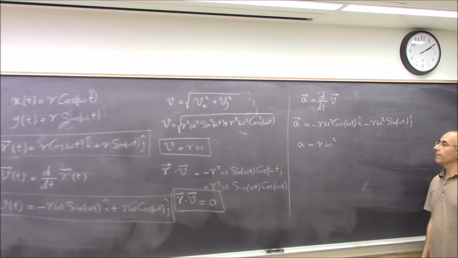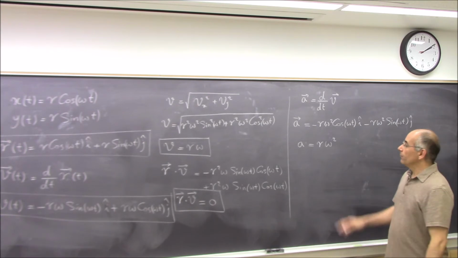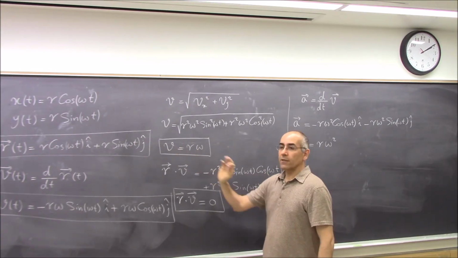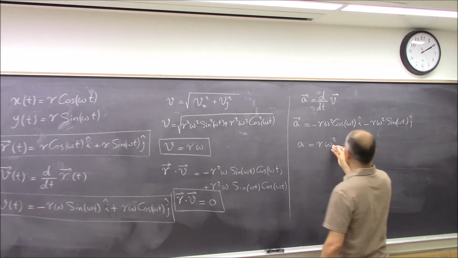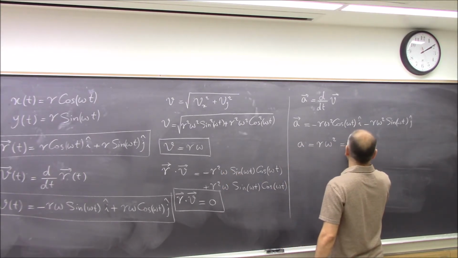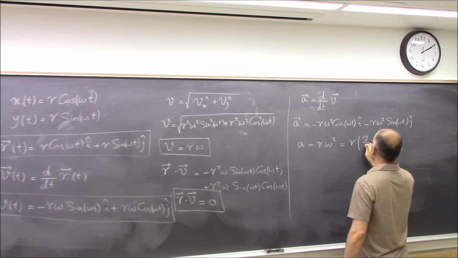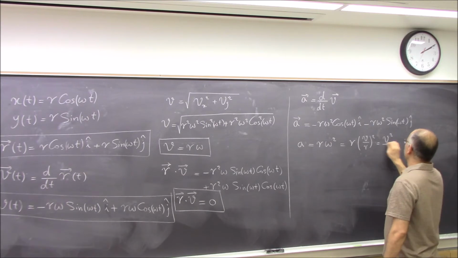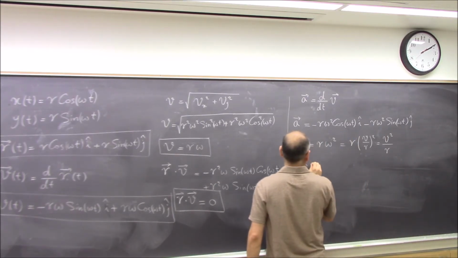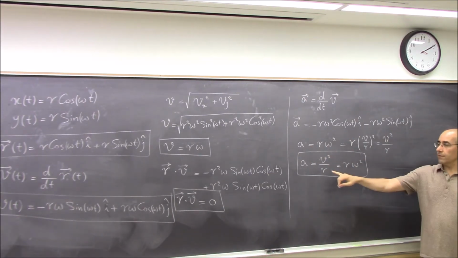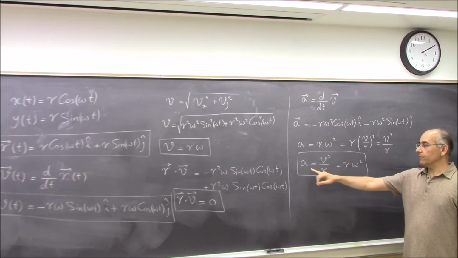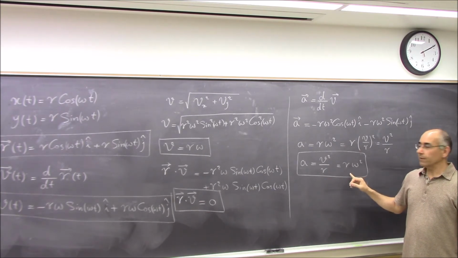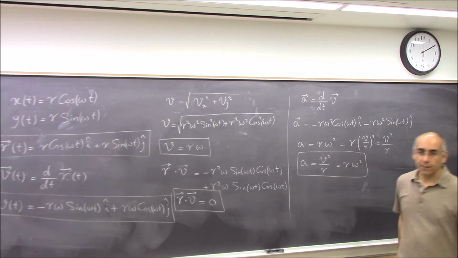And because omega and v are related, instead of omega we can write v over r. If you write v over r, you get r times v squared over r squared, which is v squared over r. That is the magnitude of the acceleration. I don't know if you remember from high school, the magnitude of the acceleration for uniform circular motion is v squared over r, or you can write it as r omega squared in terms of omega.